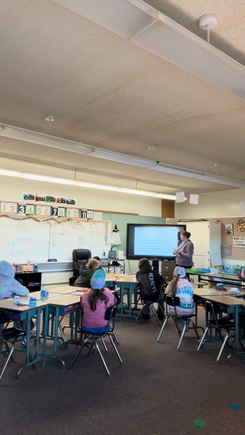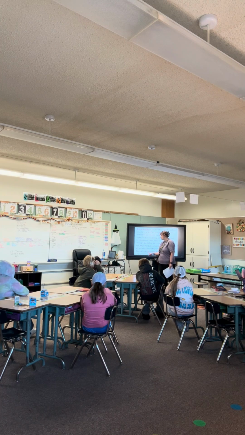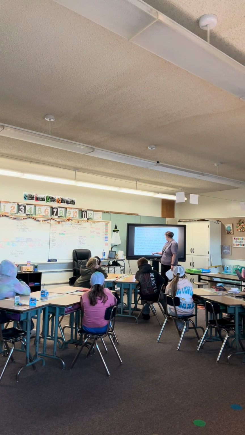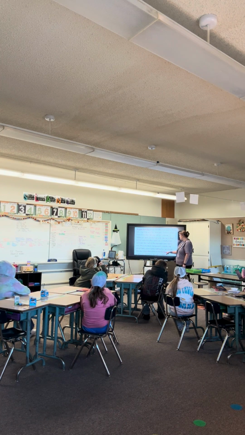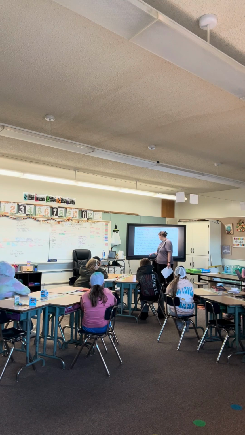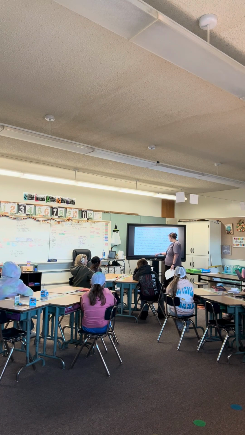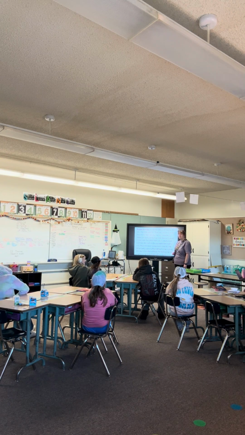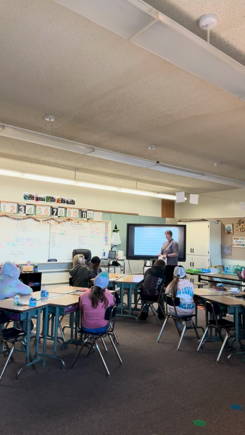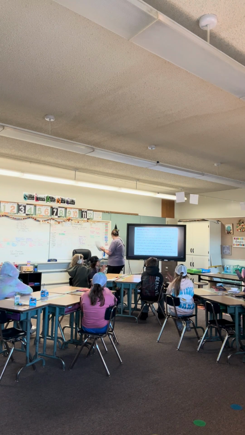How is energy transferred? Energy is transferred from the first ball to the last ball and back again because of collisions. Good job. Give yourself a round of applause. Beautiful, beautiful.